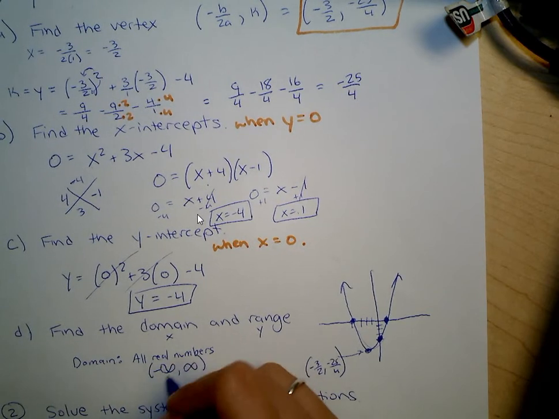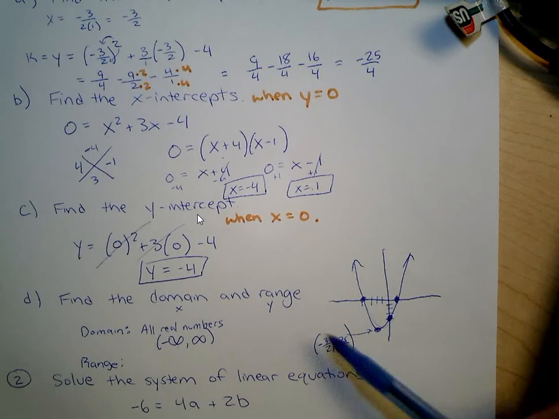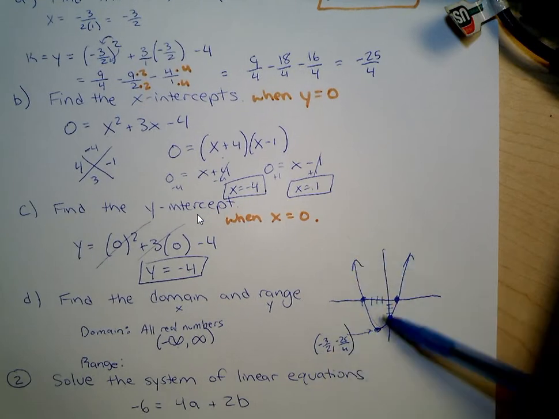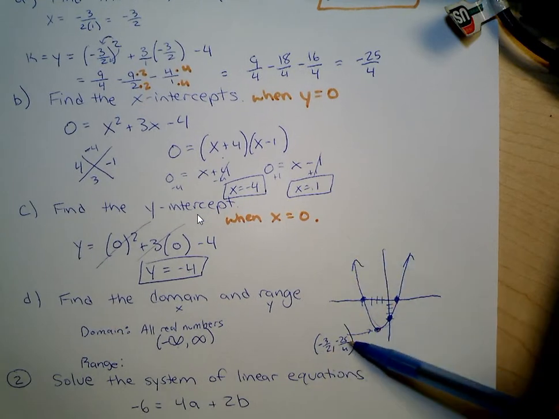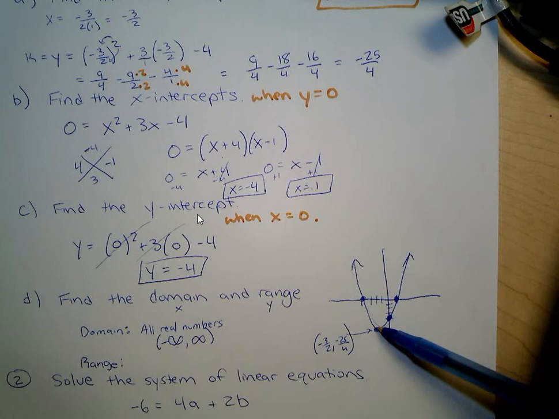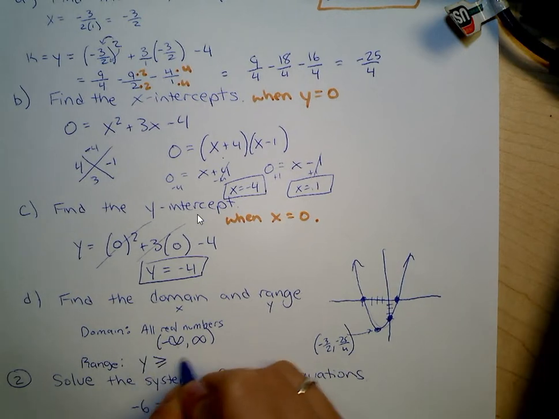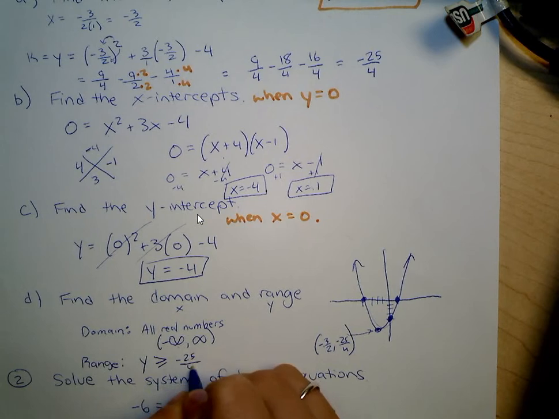And then the range is my y values. My lowest y value is negative 25/4. This is my y coordinate right here. That's my lowest point, so everything above that works. So y is greater than or equal to negative 25/4.